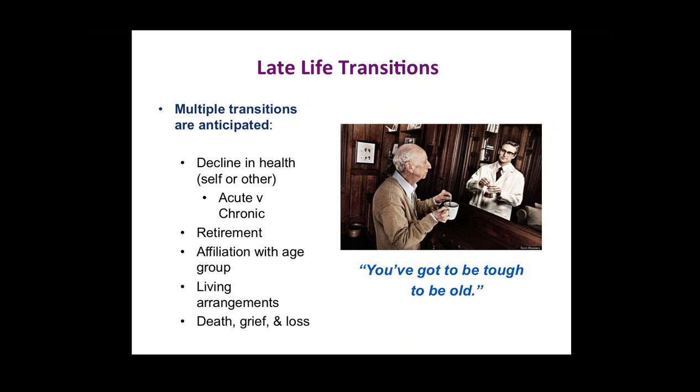The response to those events varies from one person or family to the next, and these transitions often take time to react to and manage. Late life is, of course, marked by multiple transitions that can co-occur and often do. And with each transition, there's concern for increased vulnerability to risk, such as physical or emotional decline.